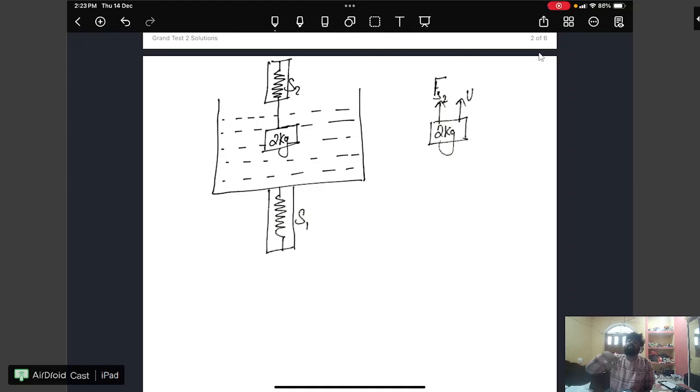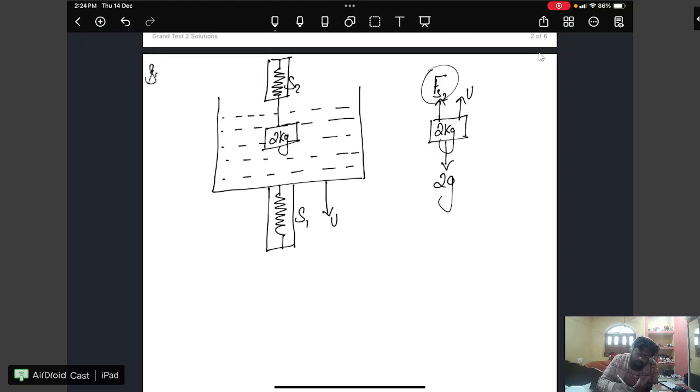If water is applying some force on the 2 kg mass, then the 2 kg mass will apply the same amount of force on the beaker also, so upthrust acts downward on the beaker. And on the body, 2 kg mass multiplied by gravity also acts. We need the reading of Fs2 first, and for that we need the upthrust.